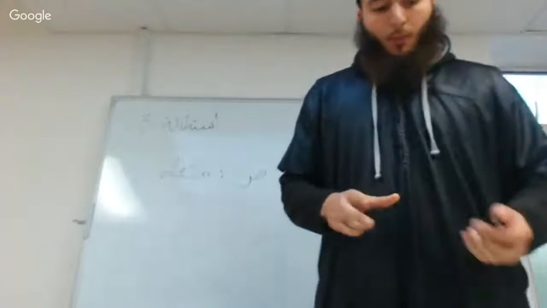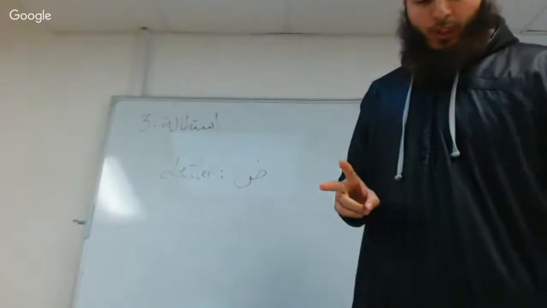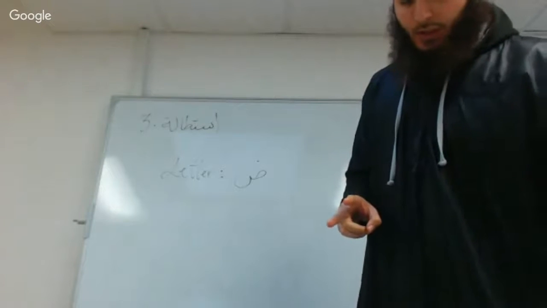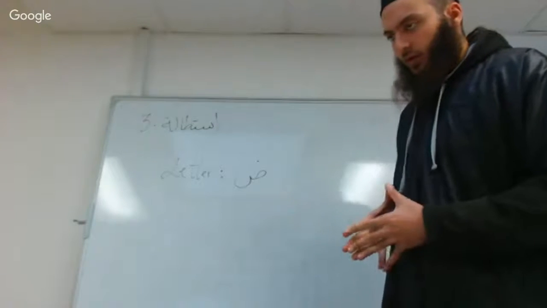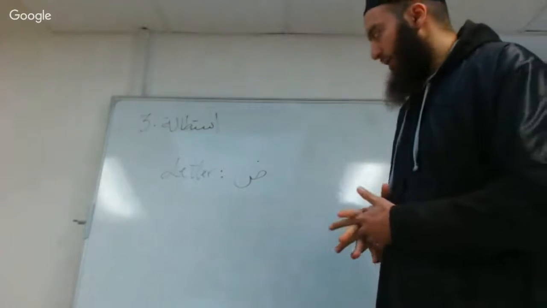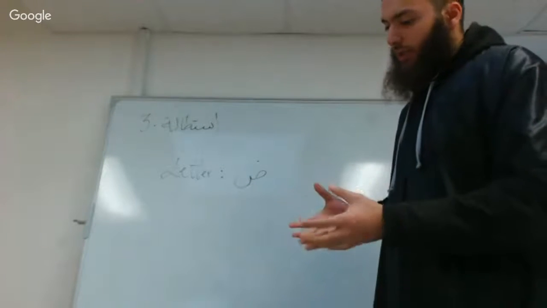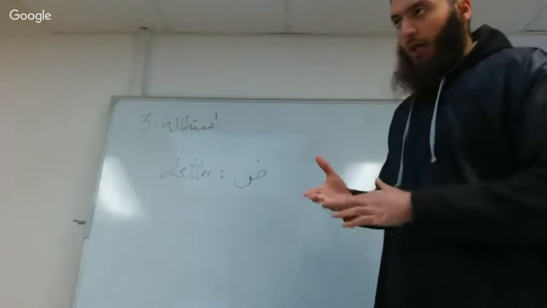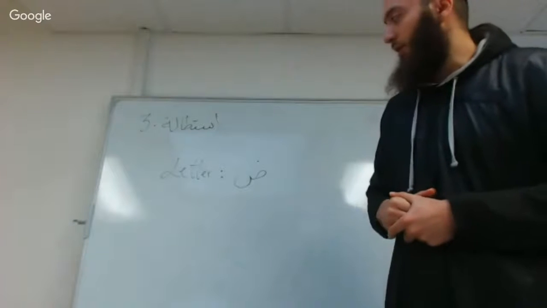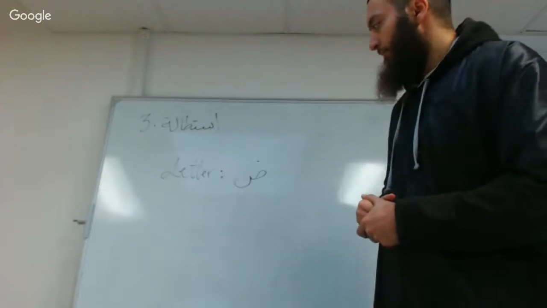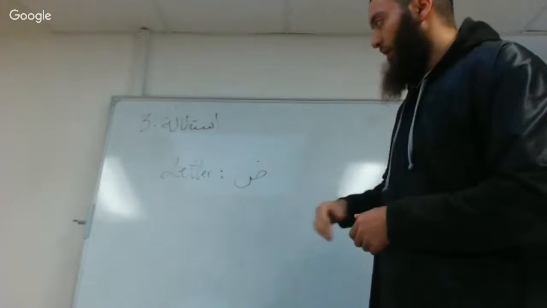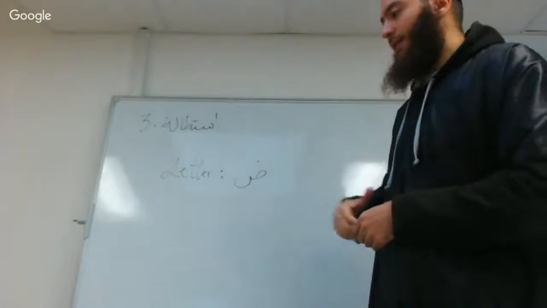There are two main factors which must be explained hand in hand with each other to holistically understand istitala. As I'm hopeful all of you are aware, because we all discussed it in makharij, the makhraj of the dad is the side of the tongue.